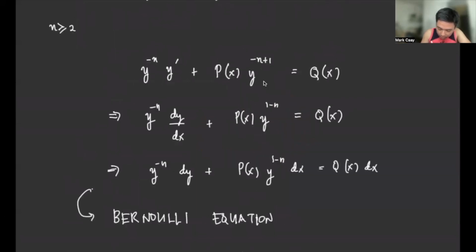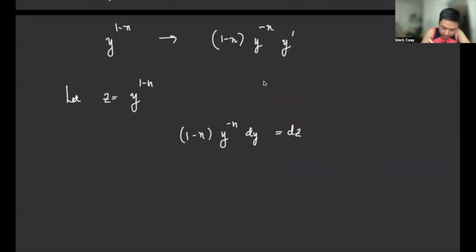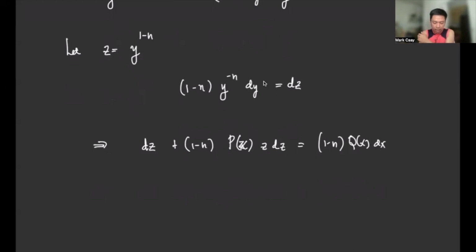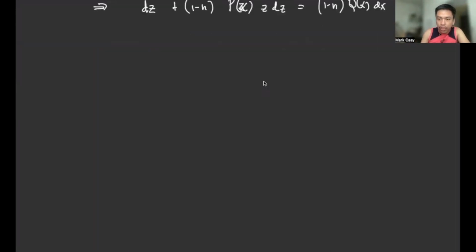Fair enough, we can now substitute. So we have this new equation: dz plus 1 minus n, p of x, z dx equals 1 minus n, q of x dx. In this case, guys, hindi na siya non-linear, linear na siya. So, we will apply this to an example.